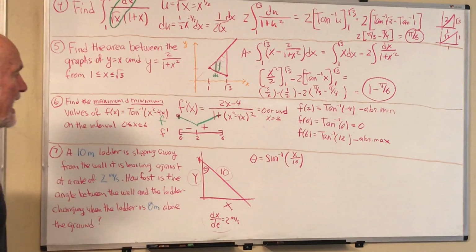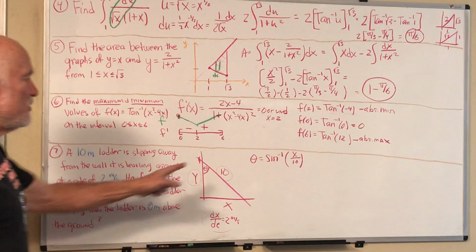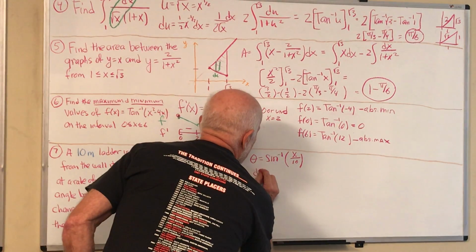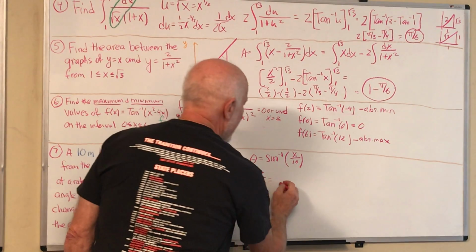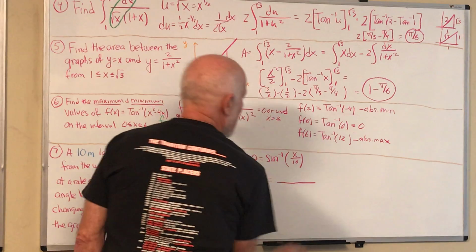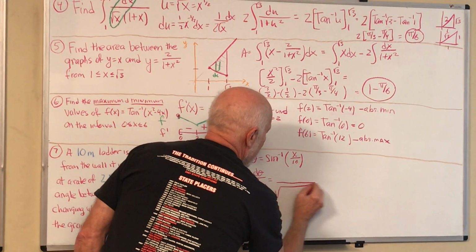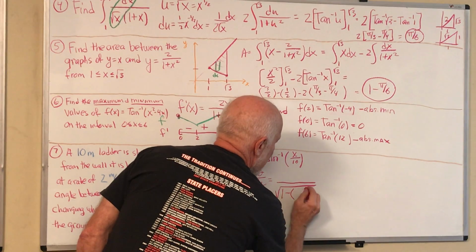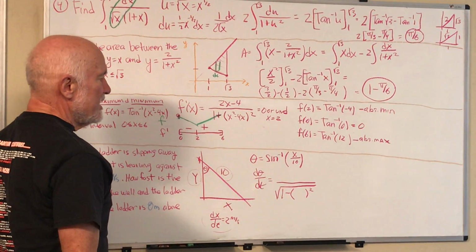And now I can just explicitly solve for what I'm looking for. d theta/dt, the rate at which theta is changing with respect to time. And our new formula is 1 over the square root of 1 minus x squared. But it's not x, it's x over 10.